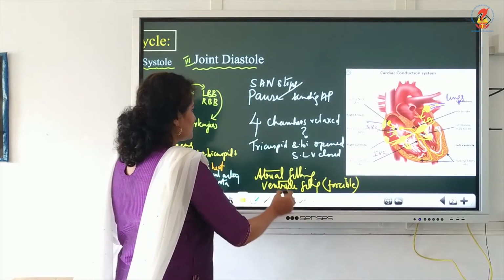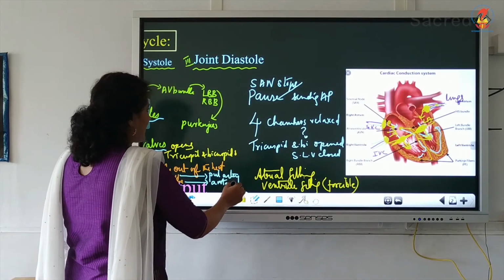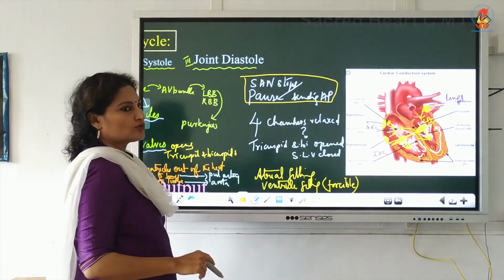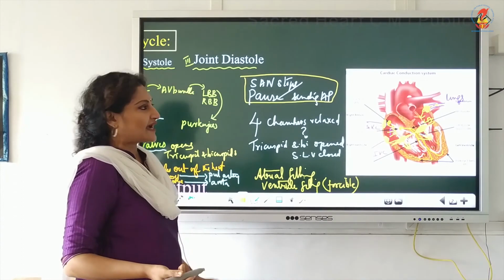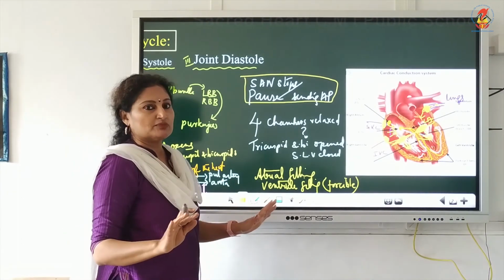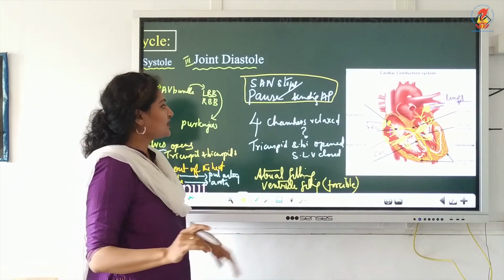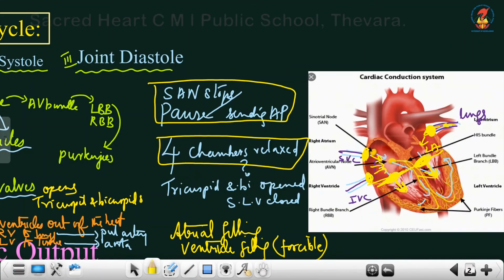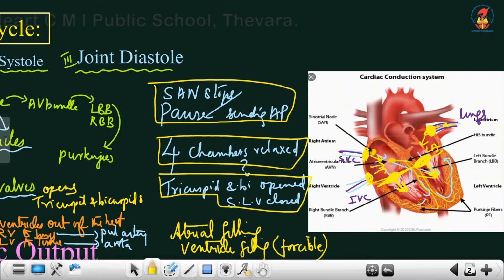But proper filling is occurring in the atrium. So, with respect to all the 4 parameters I explained here, the first parameter I told you, the SA node stops generating action potential. So, all the chambers are standstill, that is relaxed. So, that is the second point, all 4 chambers are relaxed. At this time, the tricuspid and bicuspid valves are open and the semilunar valves are closed. And what is being filled?